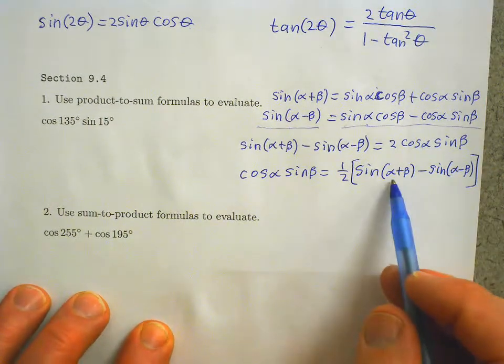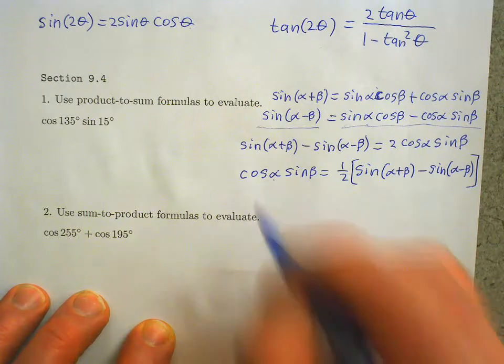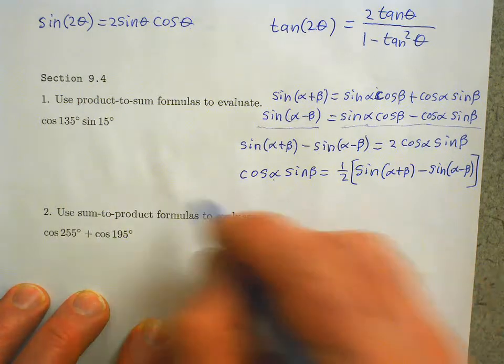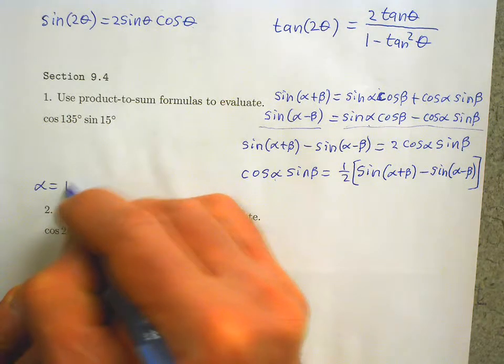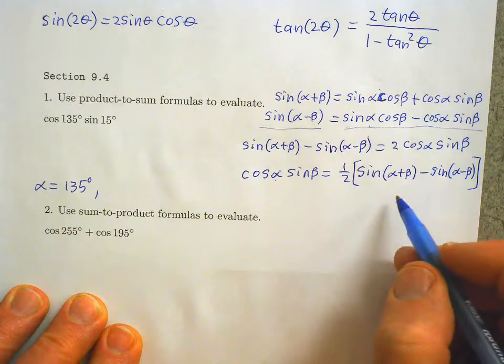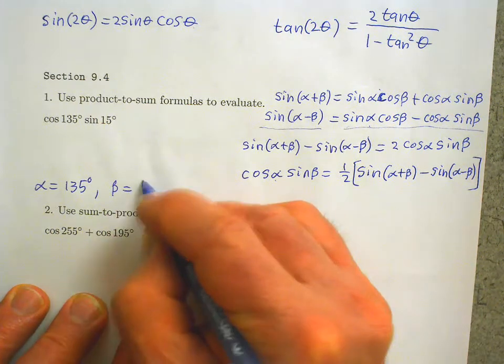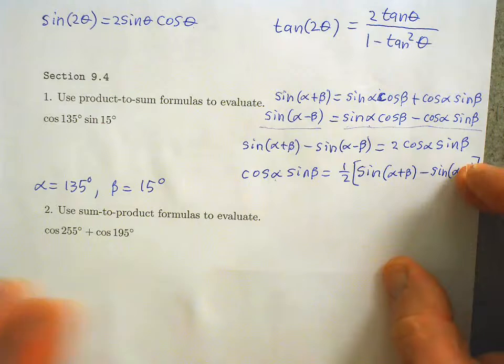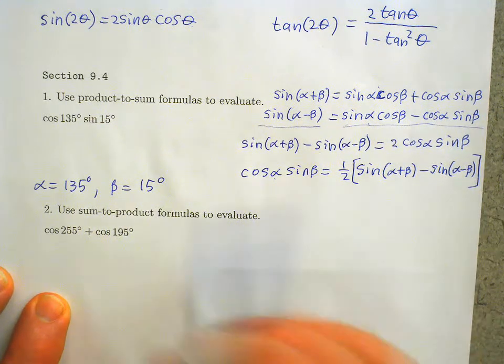Okay, so if alpha is 135 degrees, and beta is 15 degrees, then we could just use this formula.